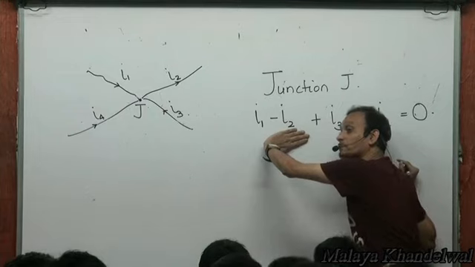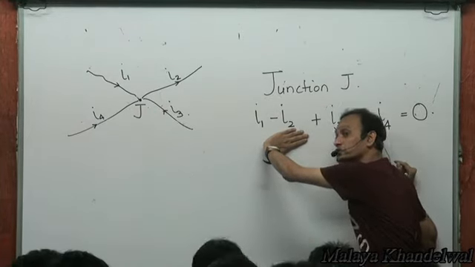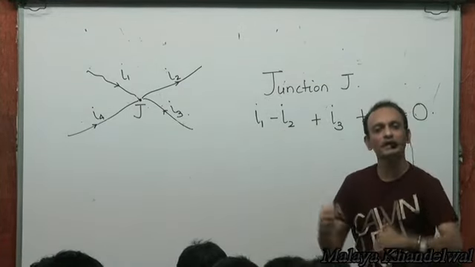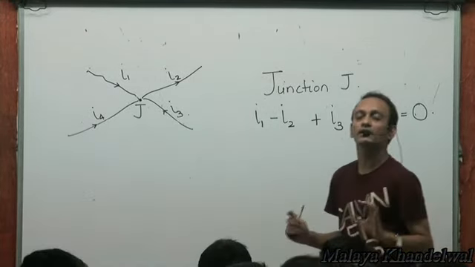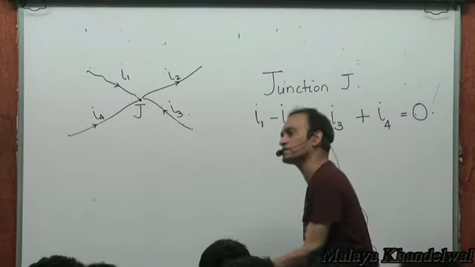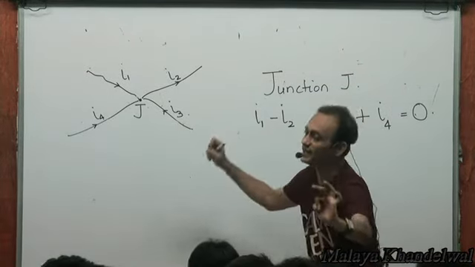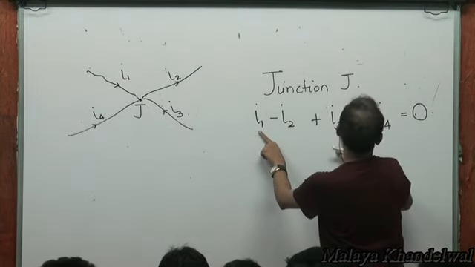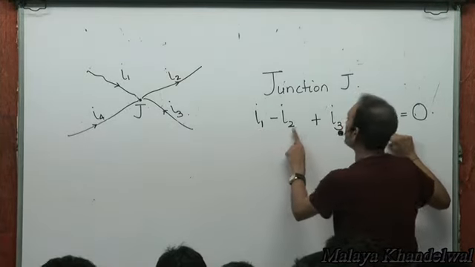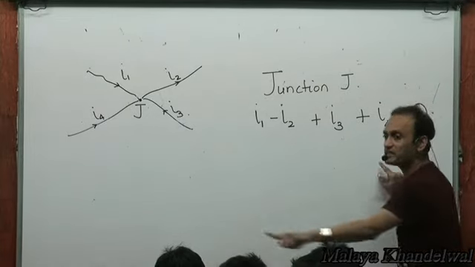Either I can take all that is coming in as positive and leaving negative, or vice versa. That does not matter. Essentially the statement is that current entering must be equal to current leaving. I1 plus I3 plus I4 is the current entering, equal to I2, the current leaving.